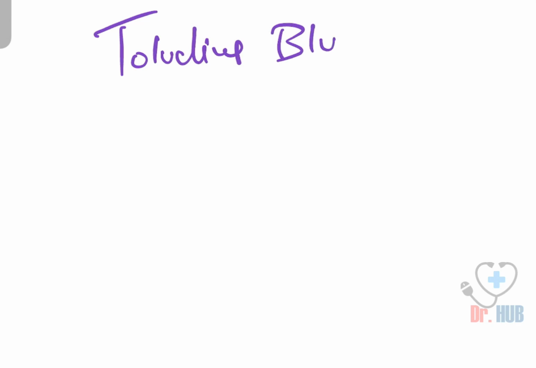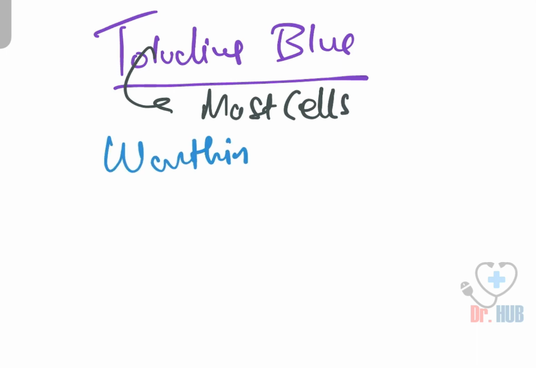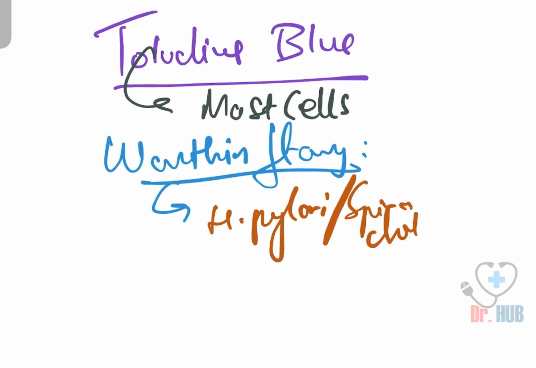Then we look at the toluidine blue. So this toluidine blue is used in case of the mast cells. And next, looking at the Warthin-Starry. In Warthin-Starry, this is used for the H. pylori as well as the spirochetes.